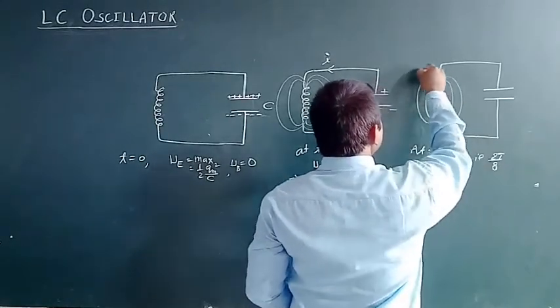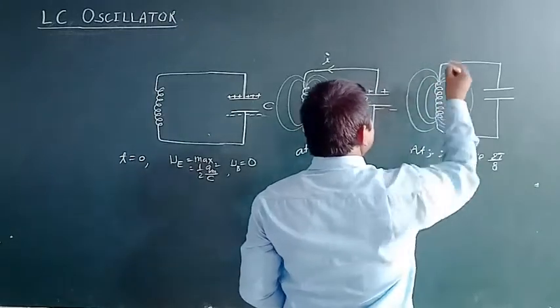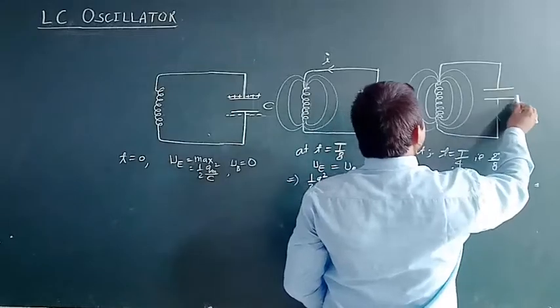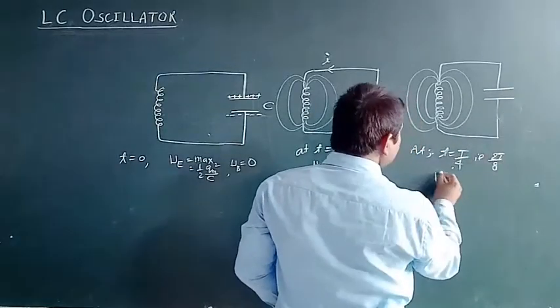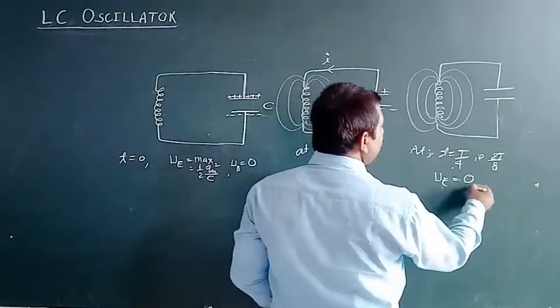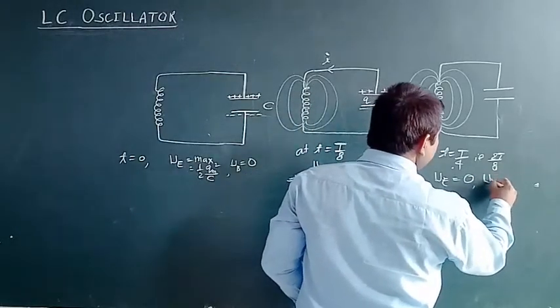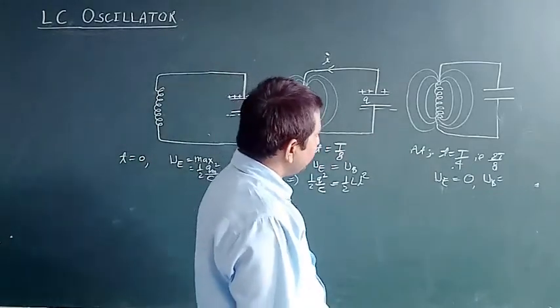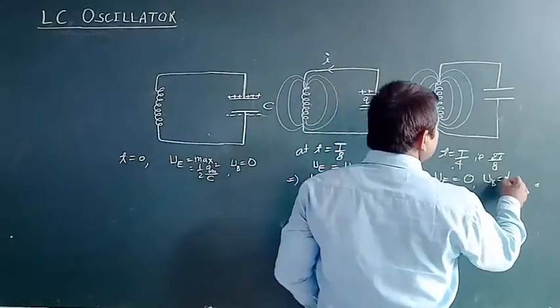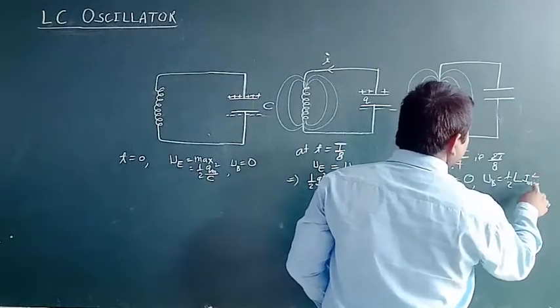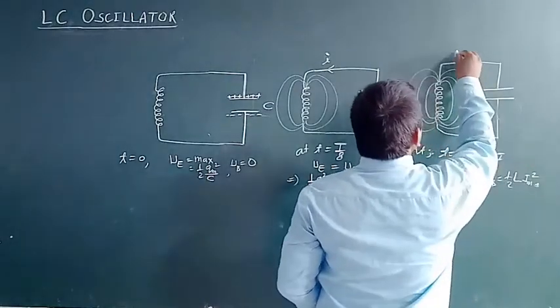In this case there is no charge present on the capacitor, so UE, that is the electrostatic energy across the capacitor, is 0, and UB, that is the magnetic energy stored across the inductor, is maximum. So this is half of L Im square, where Im is the maximum value of the current.